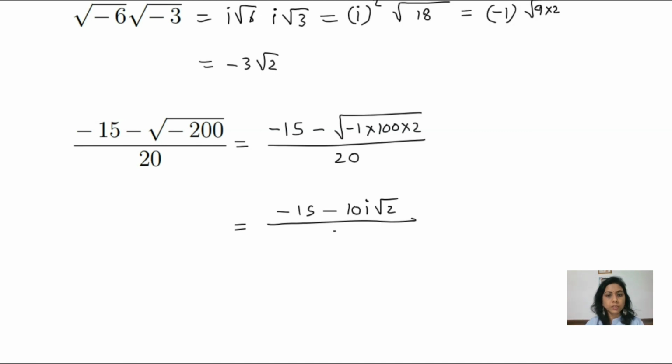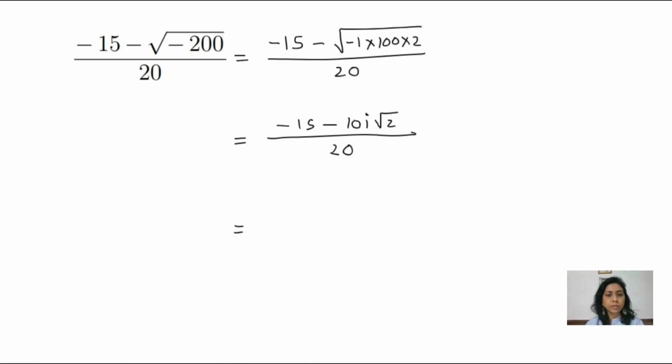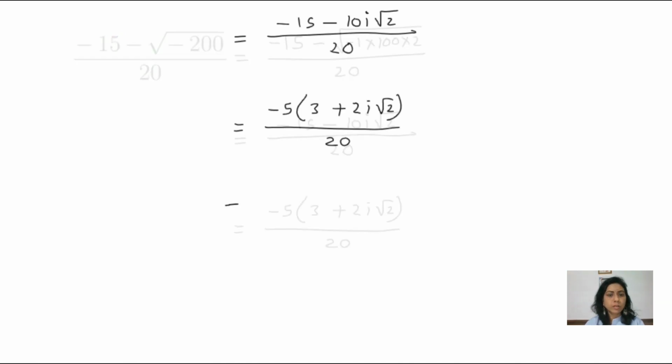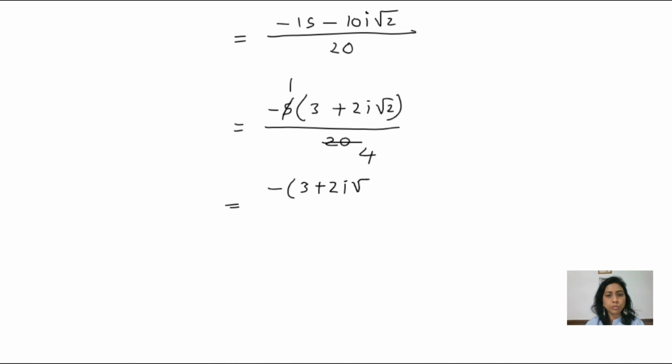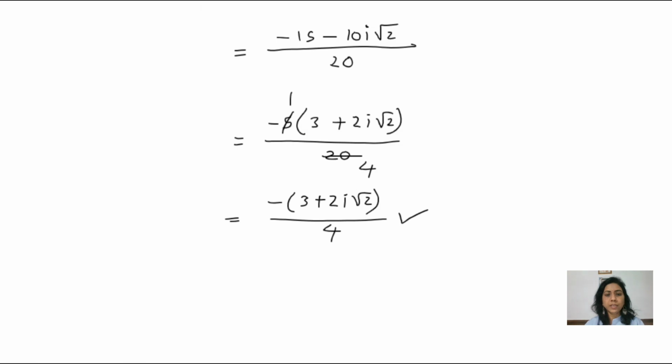This is over 20. From here we can take -5 common. So 5 times 3 is 15, 5 times 2i square root 2, and here 20. The -5 cancels with this, so 4. So -3 plus 2i square root 2, divided by 4. And this is our final answer.